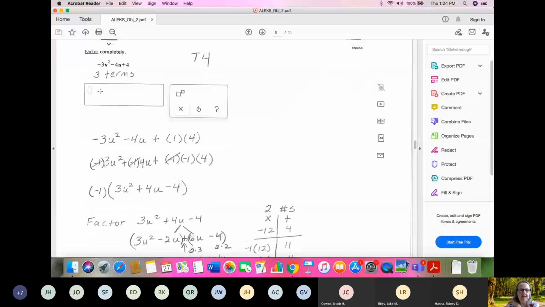So I'm copying this down, -3u squared. I copied this down, -4u. And then I chose to write +4 as +1 times 4. I think the reason will become clear. Every negative sign by itself is really -1. This negative sign is really -1.